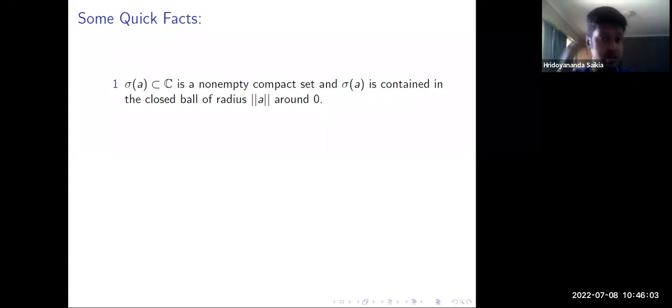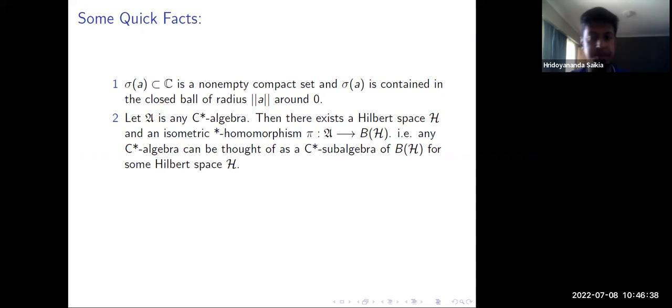In fact, it is contained in the closed ball of radius norm of A around 0. It will be helpful in deducing some facts which will come in the later part of the talk.